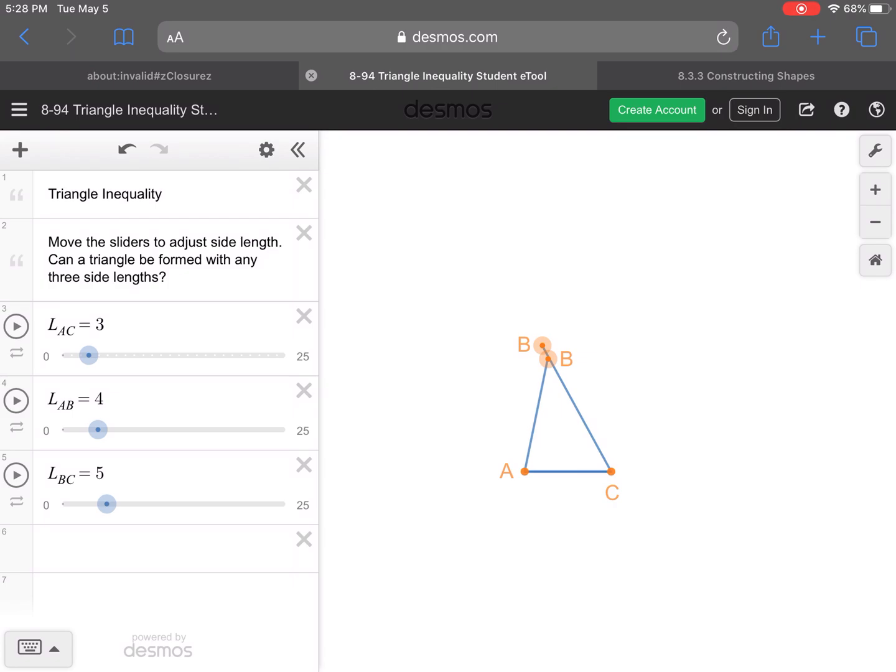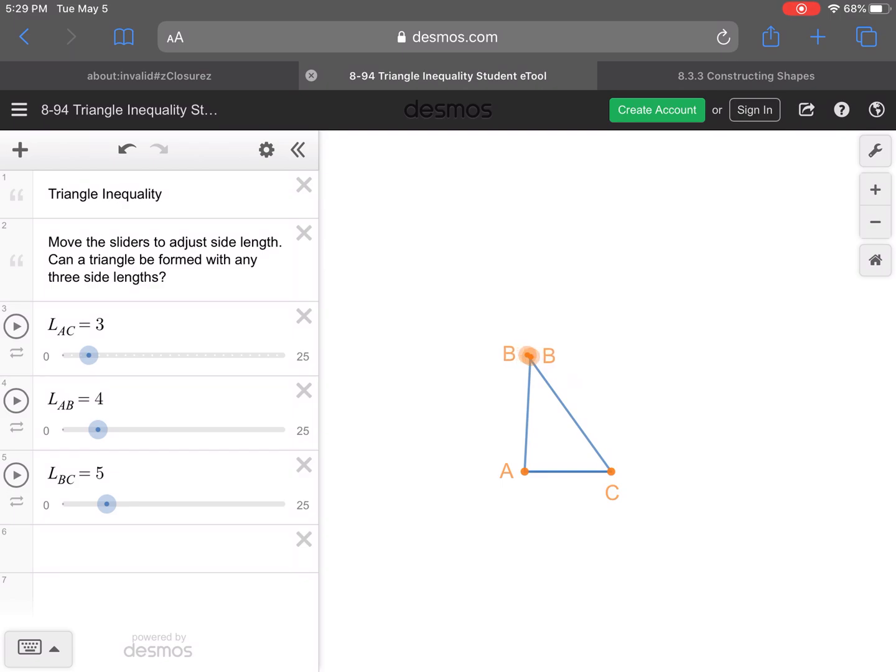As long as the light orange is touching, it forms a triangle. So we would say, yes, these three lengths do form a triangle. Side lengths of 3, 4, and 5 do form a triangle. You can see actually if I adjusted like that, it matches even a little bit better.